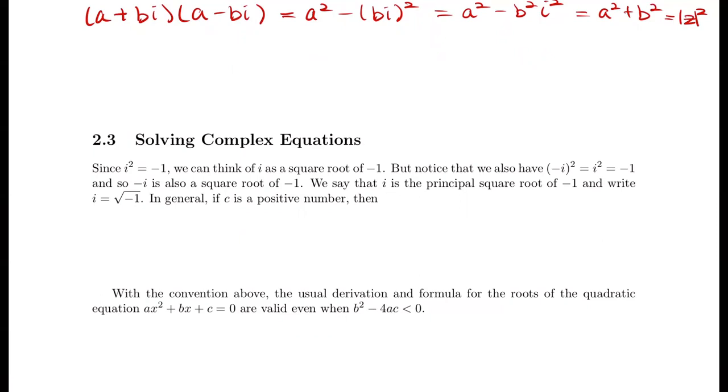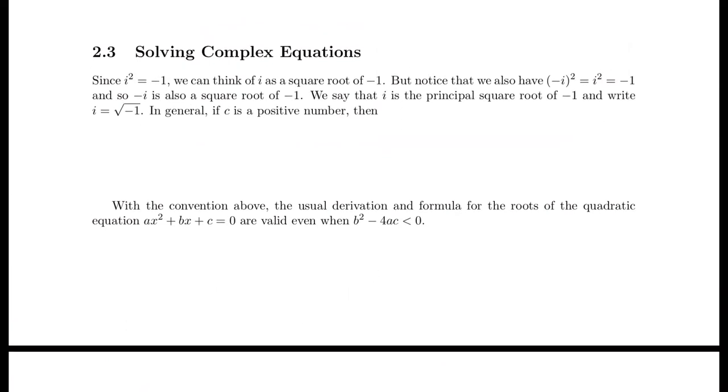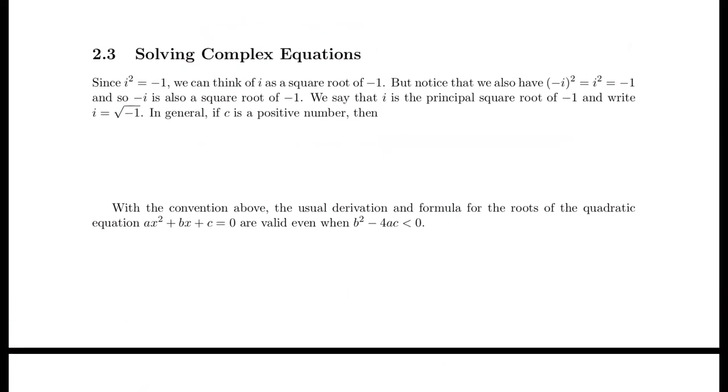So in general, if c is a positive number, then we would see i to the power of c. But that also depends on what the value of c is.